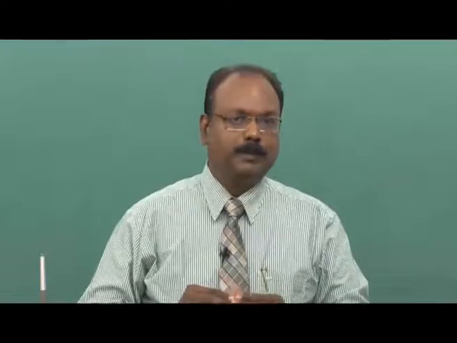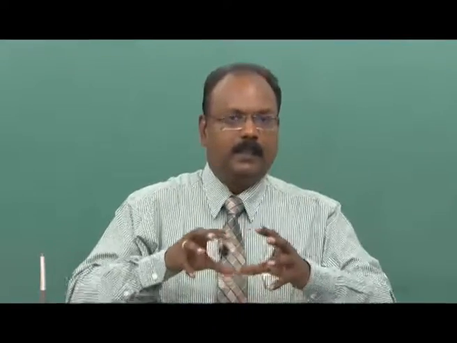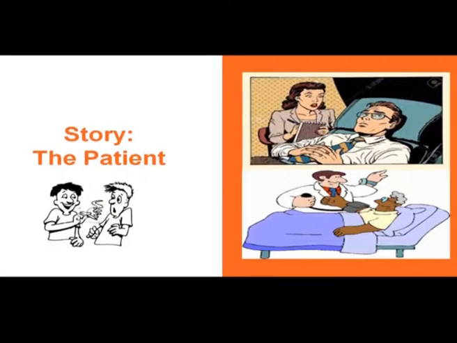This story is about a patient, and when the story begins, it's in the ICU of a hospital. In the hospital a patient is lying, and next to the patient his wife is there. She's so worried, and she has a very small baby in her hand, and two kids are standing next to her.